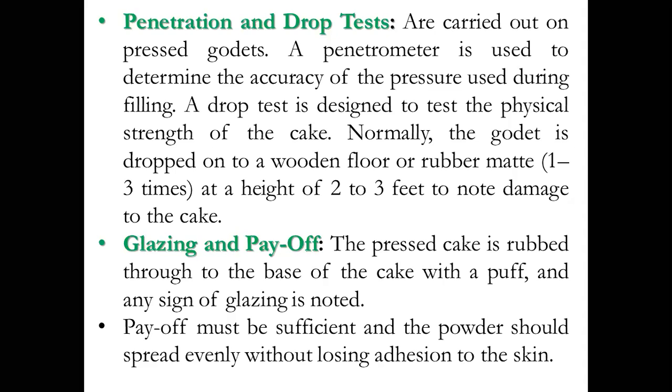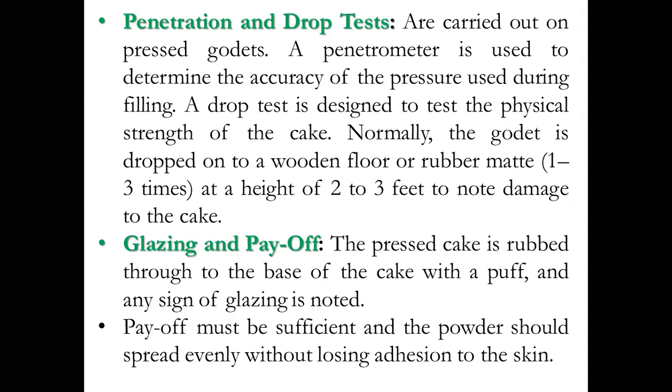For a drop test, the physical strength is going to be analyzed. Normally the compact mass, said to be a godet, is dropped onto a wooden floor or a rubber mat, about 1 to 3 times, at a height of 2 to 3 feet, to note damage to the cake.